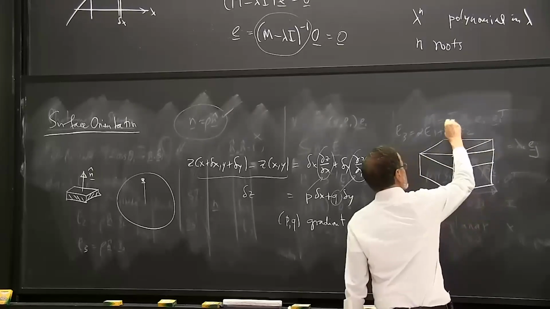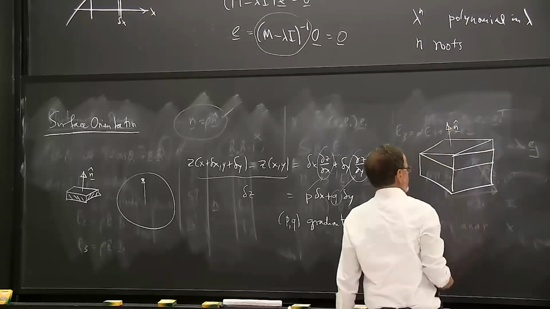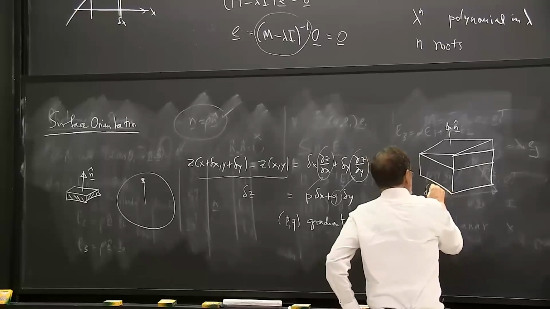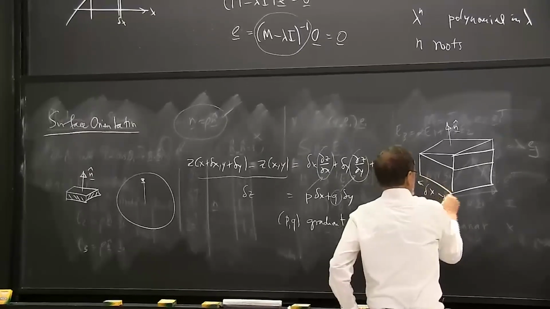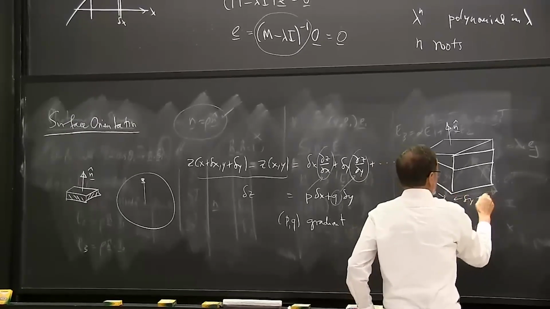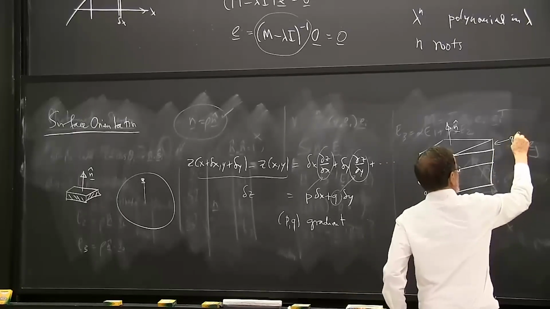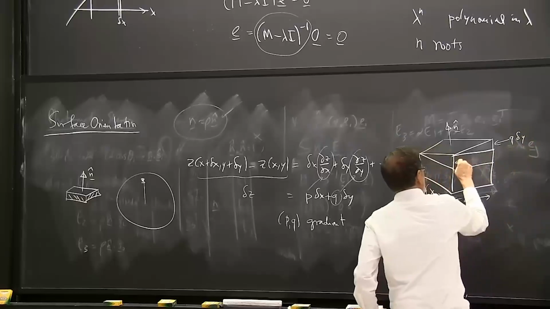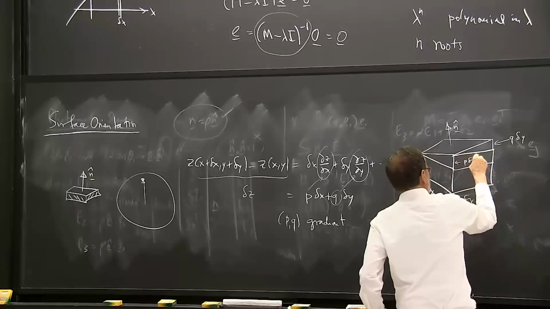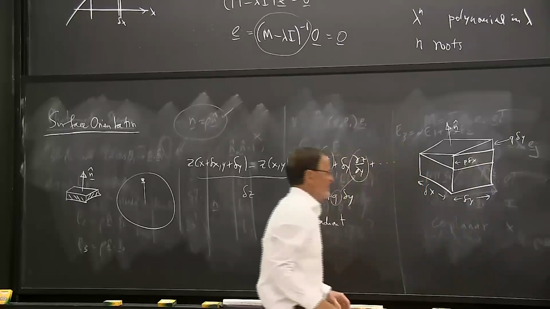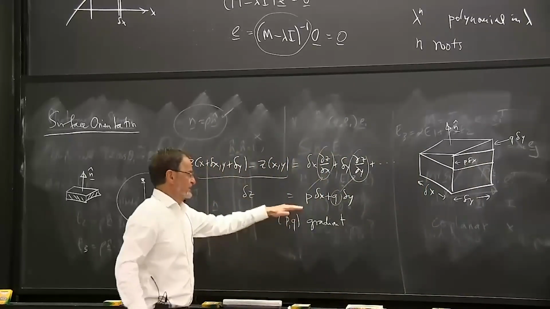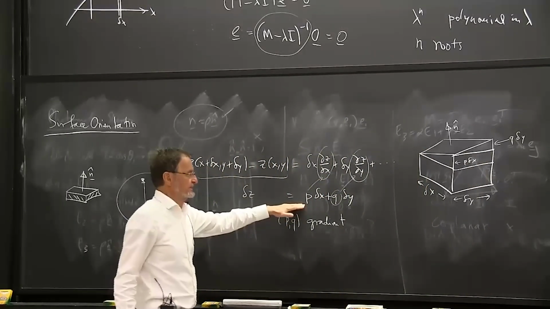Okay, so this is our surface with normal vector. And this edge is delta x, and this edge is delta y. And this part here is q delta y, and this part is p delta x. So this is a diagram that basically illustrates this idea.